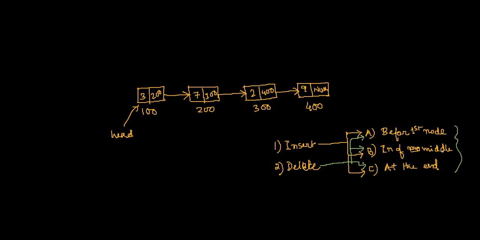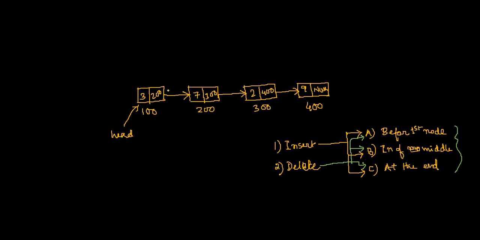But if you delete something from the middle or the end, say the third node or maybe the fourth node in the linked list, it is not going to affect the head node, because it remains the first node. So in both cases, inserting or deleting, when it is about the first node, we have to be careful, because your head should act accordingly.